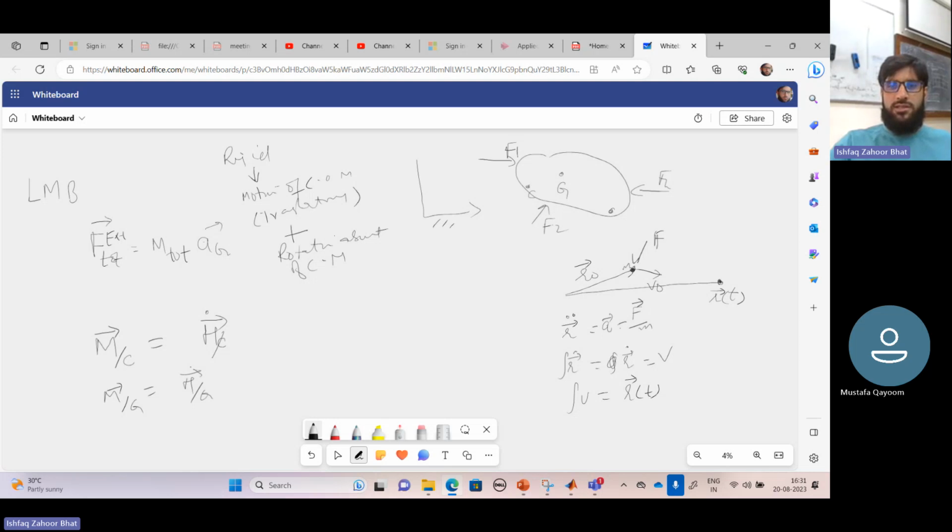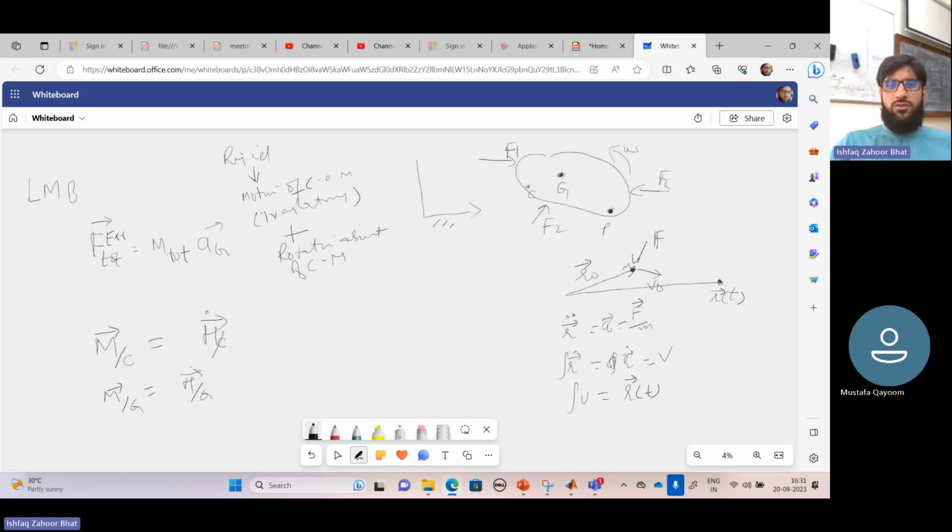So there is a general point here, and I know that this body is moving and it is also rotating. And I know the future position of the center of mass, but I don't know the future position of this point P. So I want to find this out.